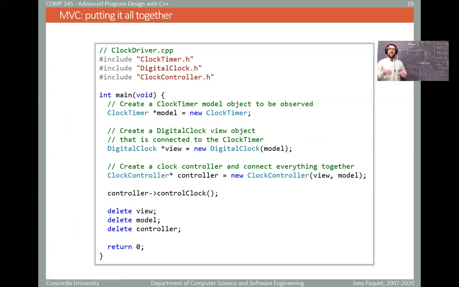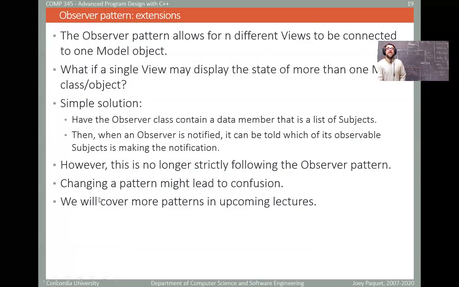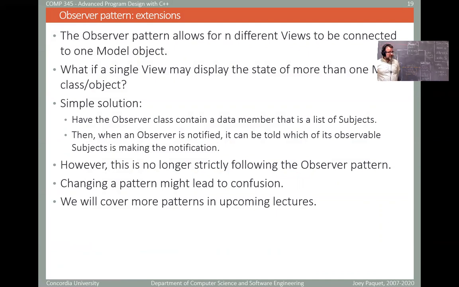The user enters some information, which is then translated by the clock control method into method calls inside of the clock. So that's it for the example about the MVC and the description of the observer pattern.